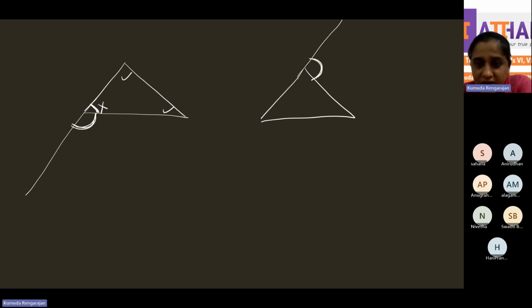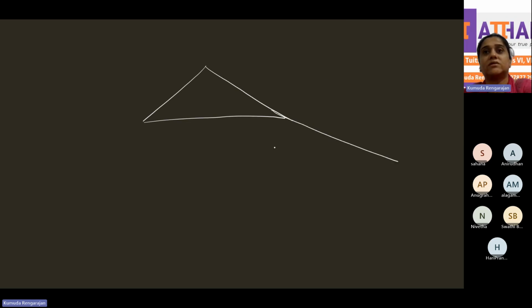Now this exterior angle is equal to, leave this interior angle, this angle plus this angle. All right. If the side is produced like this, this one is the exterior angle. This is the interior angle. Leave this one. This angle is equal to angle 1, angle 1 is equal to angle 2 plus angle 3.